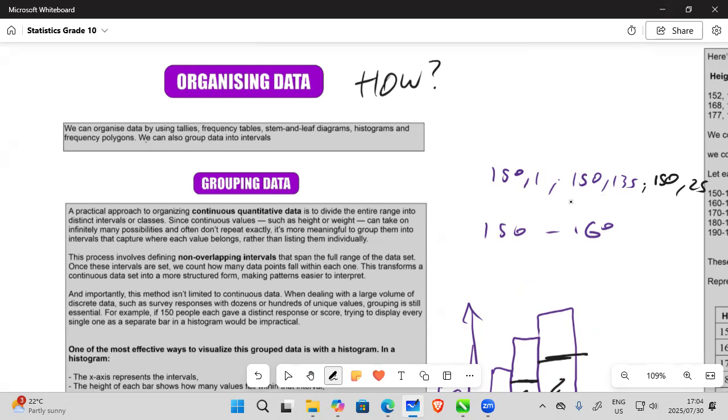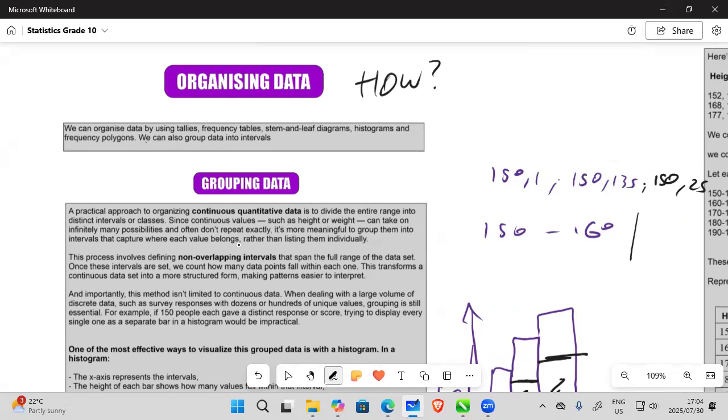It's very impractical to do so. And so this is why we group them. Instead of saying 150.1 and the number of people that belong to that value, we say, between 150 and 160, how many height values belong to this category? This is why we categorize data, okay?